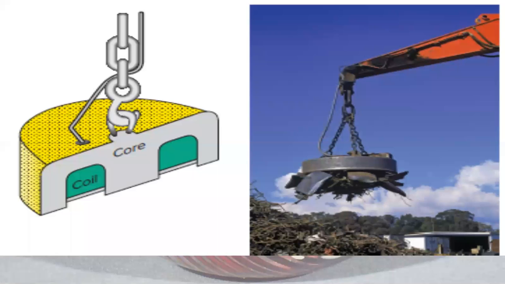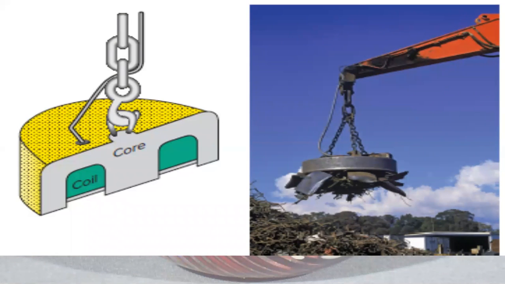Now there is a coil. You can see this is the picture of a crane. This is a crane. It is used in a scrap yard. This crane is used for lifting heavy parts of the ships or the vehicles.